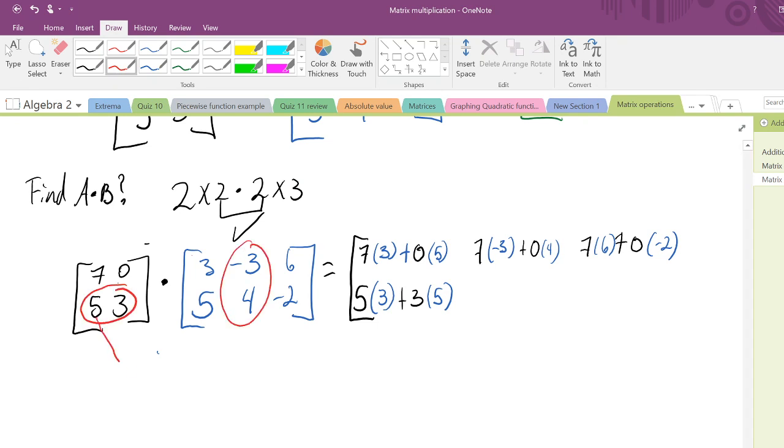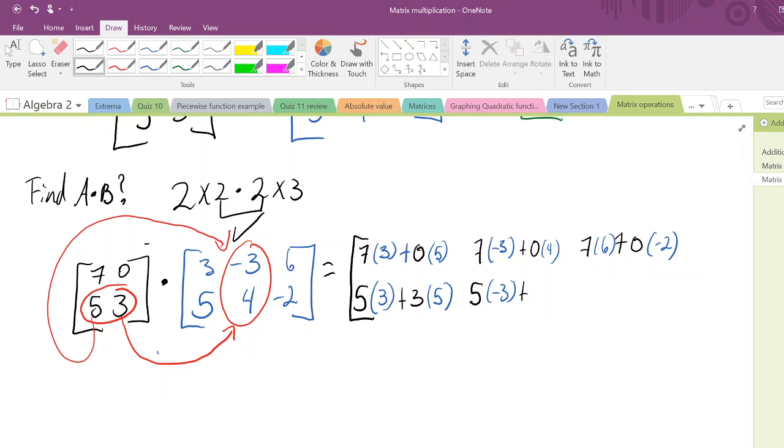So this times that, plus this times this. So I'm going to have 5 times negative 3 plus 3 times 4.